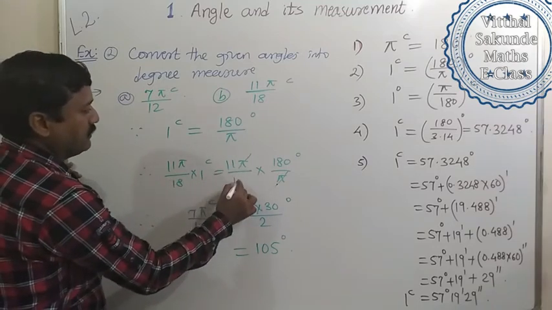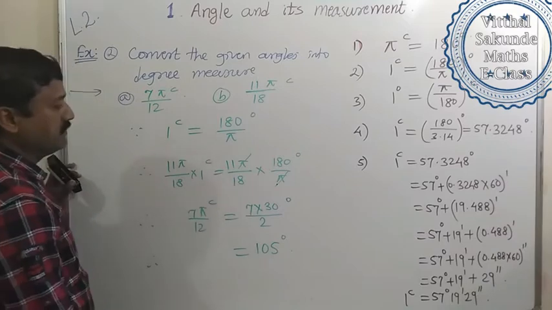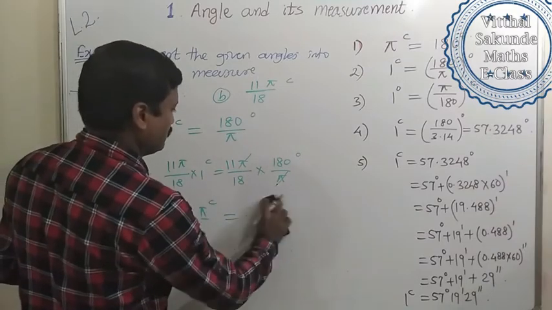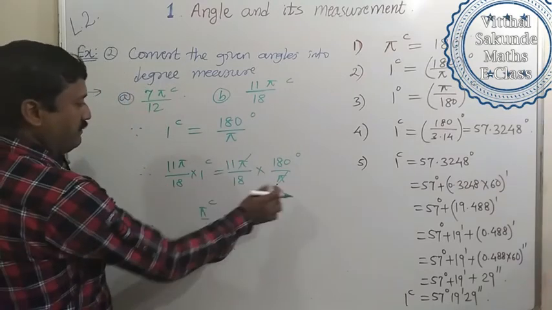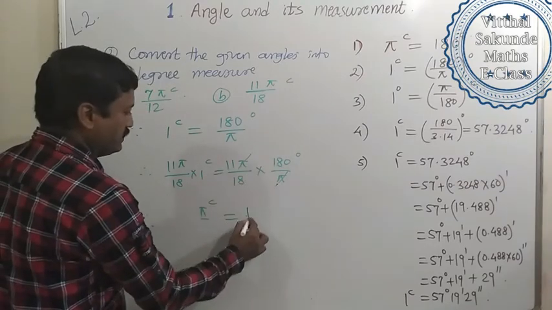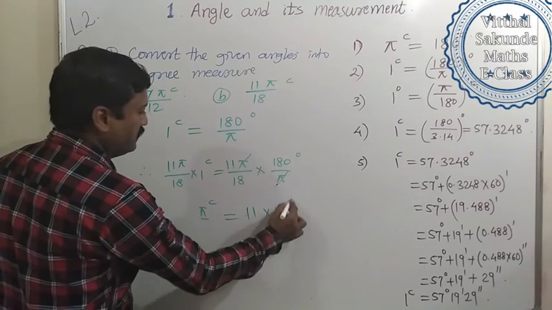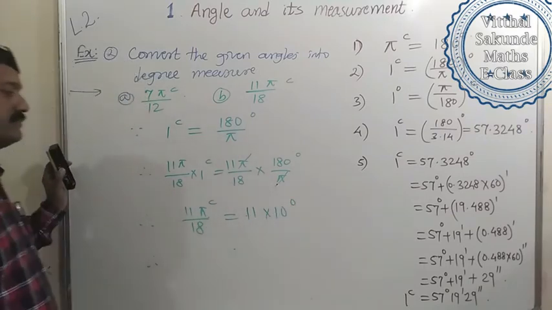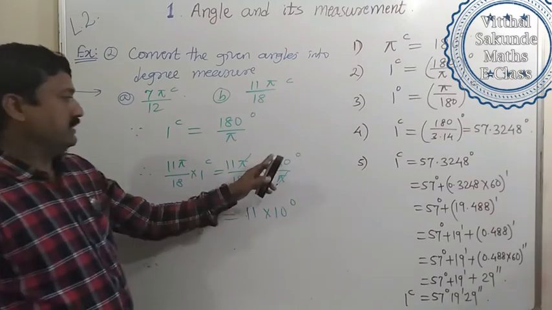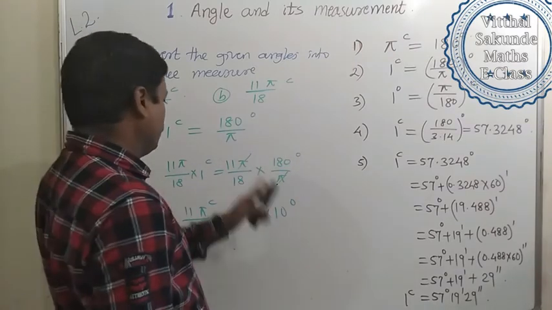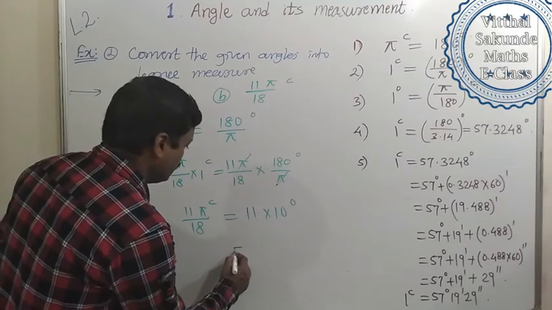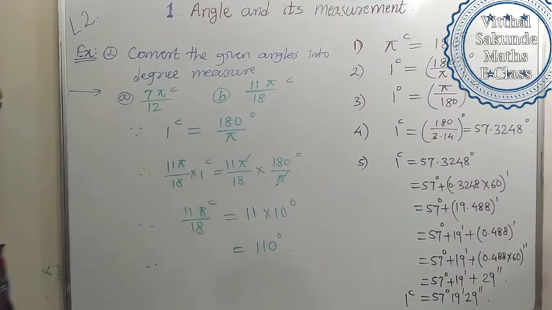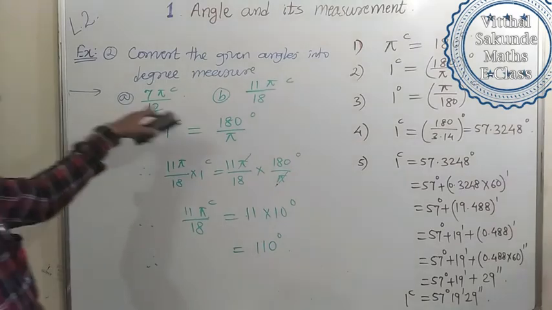Pi gets cancelled, 18 gets cancelled. Remains 11 into 10 degree, since 18 tens are 180. So 11 into 10 degree is nothing but 110 degree. So this will be 105 degree, and this will be 110 degree.